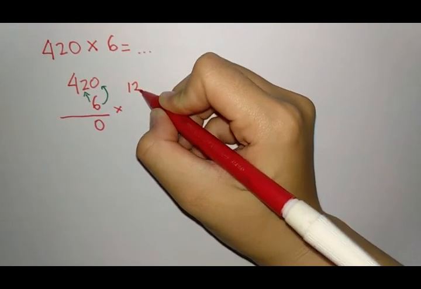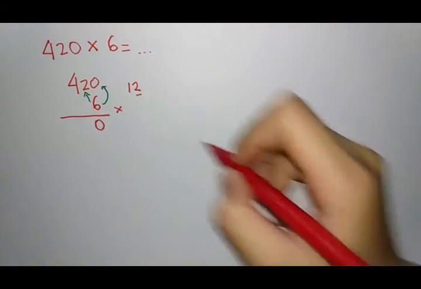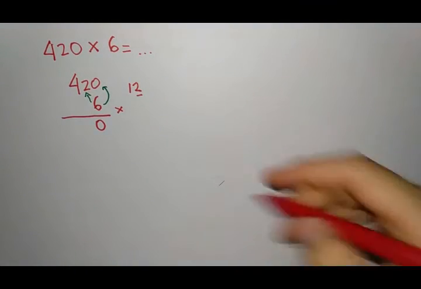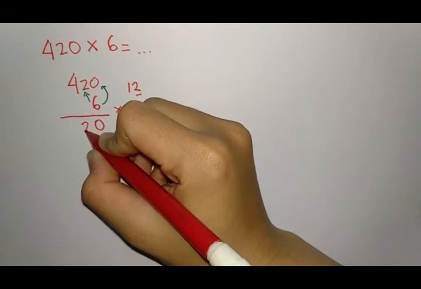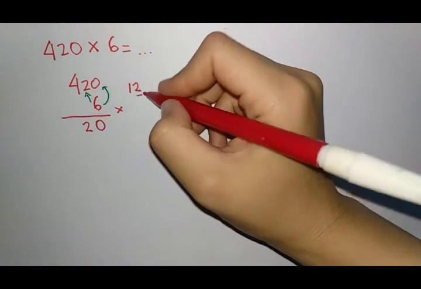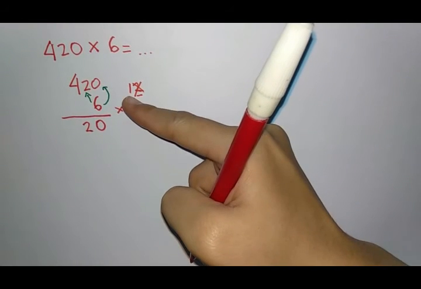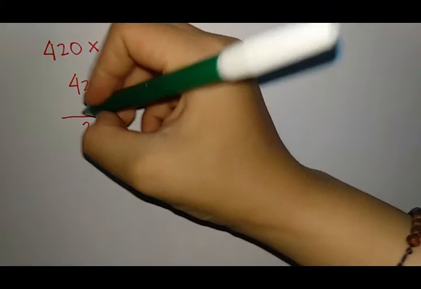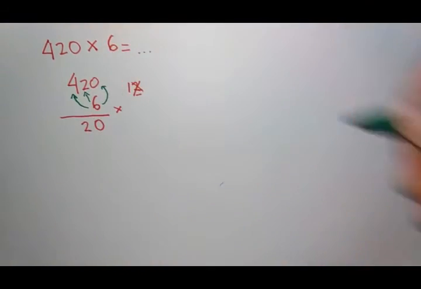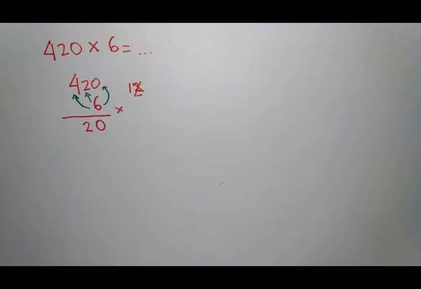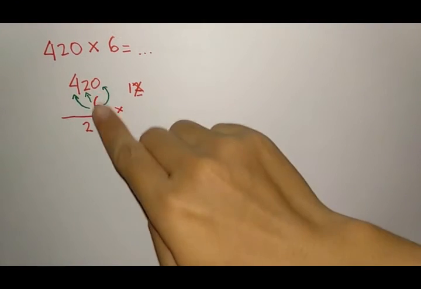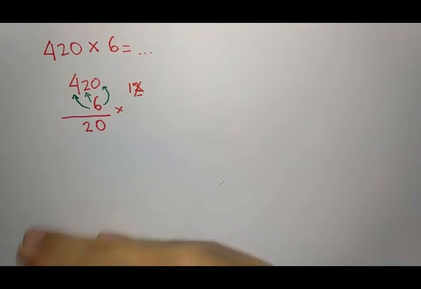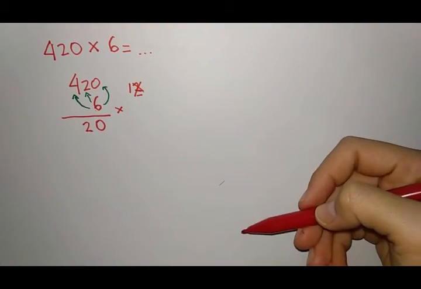So we have 12. So put the last number: put 2 in the tens position. Erase 2. We still have 1. And then the last step, multiply 6 by 4. Okay, you have to multiply from the right to the left. So 6 times 4, 24.